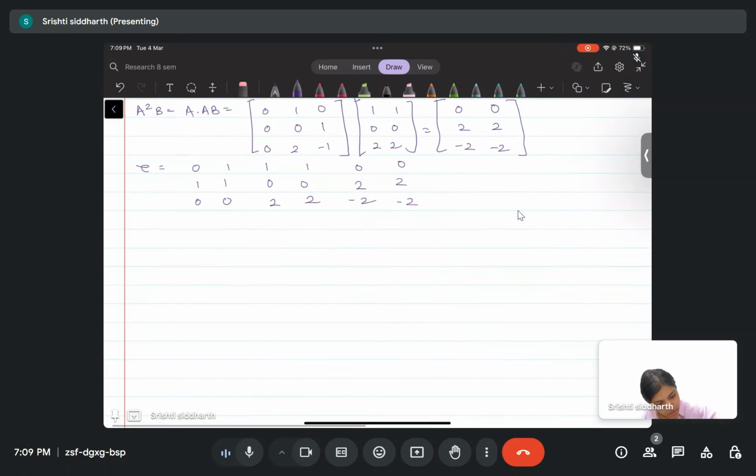Okay, so you can observe this, right? That these two columns are same, that these two rows are same. 2 plus 1 plus 1, that was 3, so 4 linearly independent columns. Let me just check this.